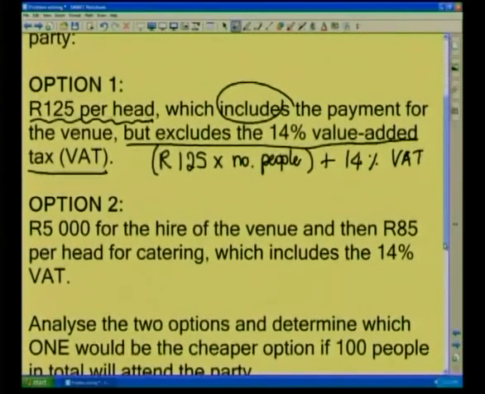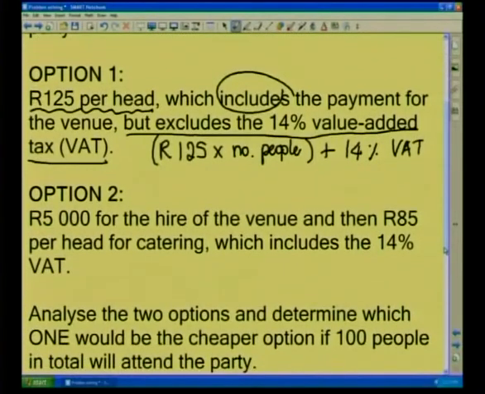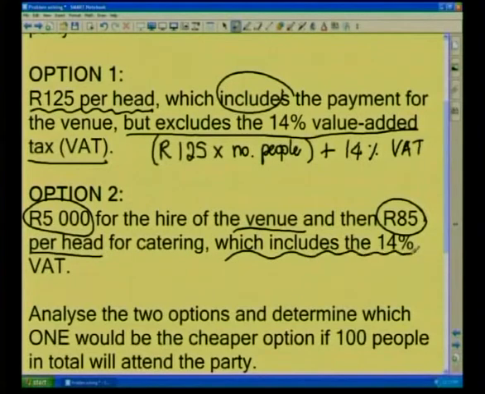The second option, they have to pay 5,000 Rand for the hire of the venue, and then 85 Rand per head, again per person for the catering, but it does include the 14% VAT. So in order to work this one out, you'd have to pay for the 5,000 Rand for the venue and add on the 85 Rand times the number of people that we actually are going to be inviting to our party.